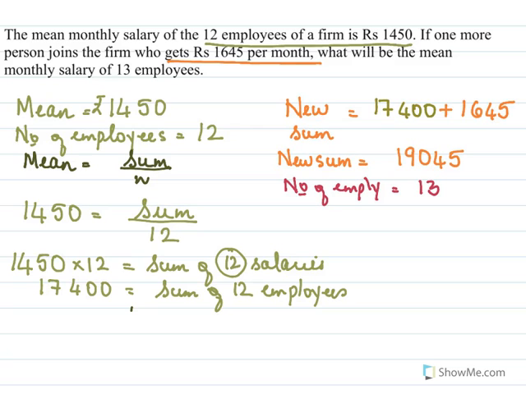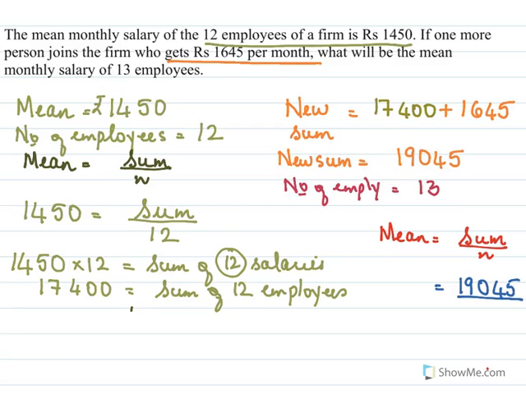So we have a new mean, and the new mean equals sum over number of observations. Now here the new mean will be different because the sum now is 19045.